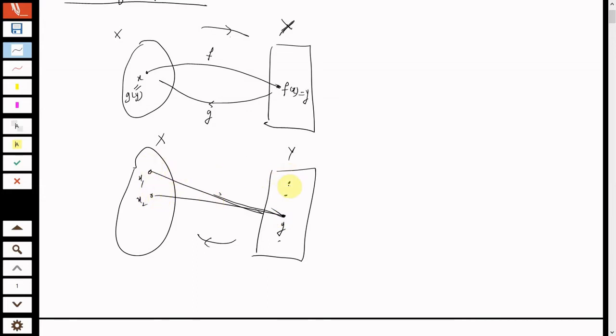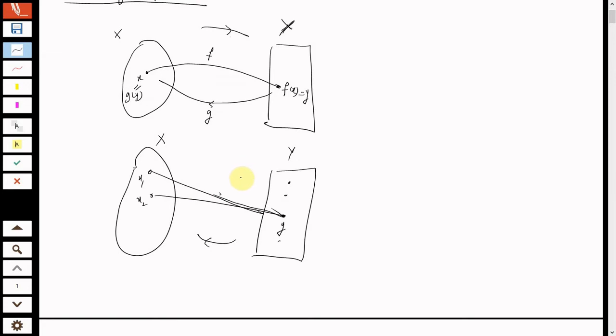Basically, you are reversing the process, so y should go to its pre-image. Here y goes to two different elements, which is not valid in a function. Therefore, the first condition required to get the inverse of a function is that f has to be 1-1.